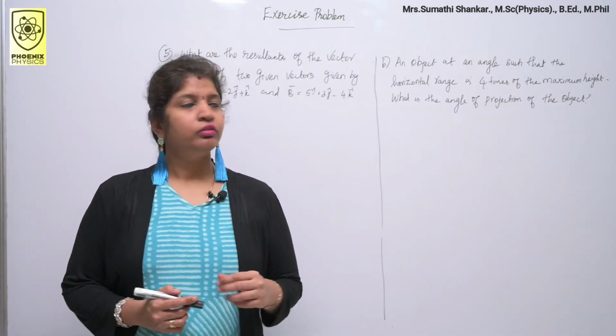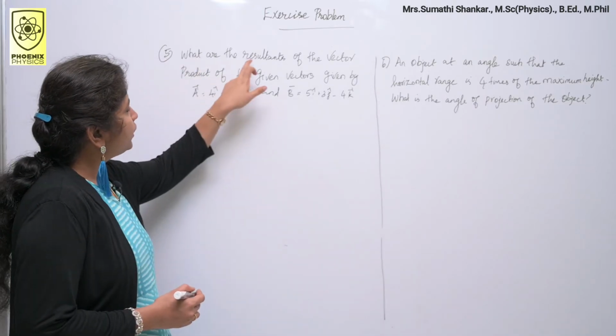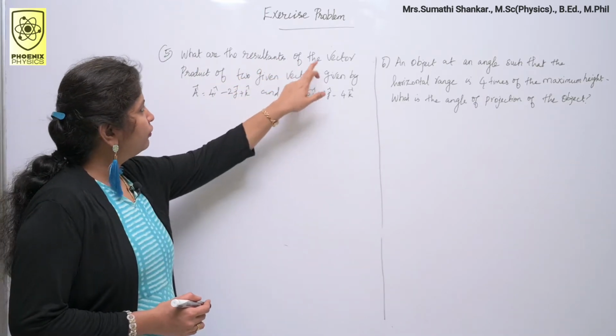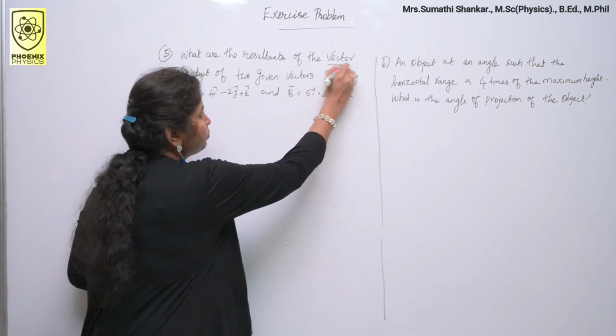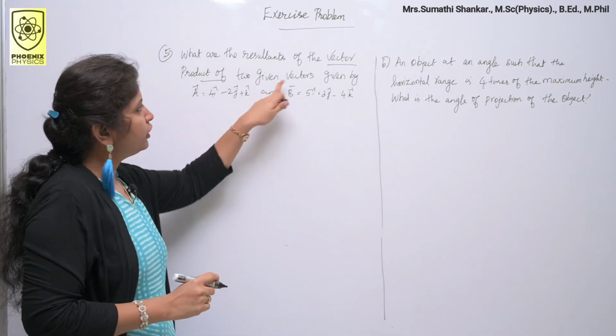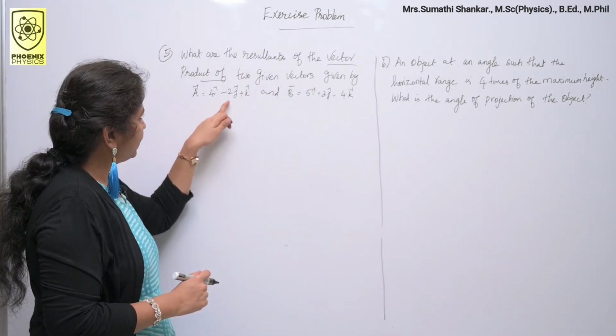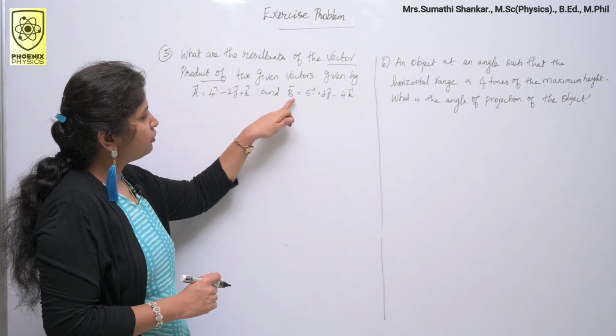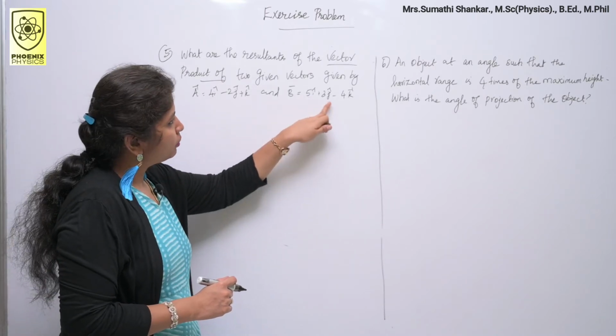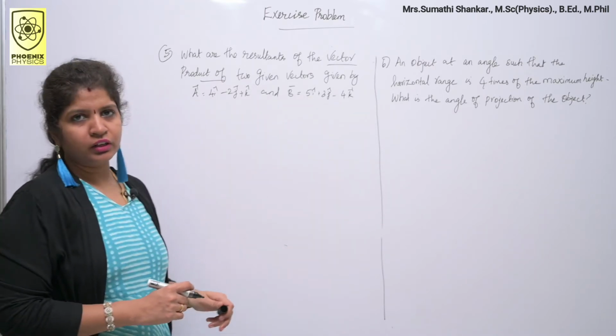Problem number 5. What is the resultant of the vector product of two given vectors, A equal to 4i minus 2j plus k vector and B vector equal to 5i plus 3j minus 4k vector?